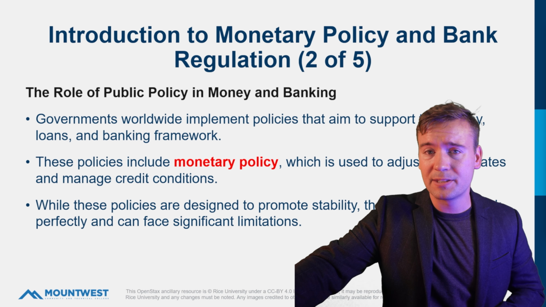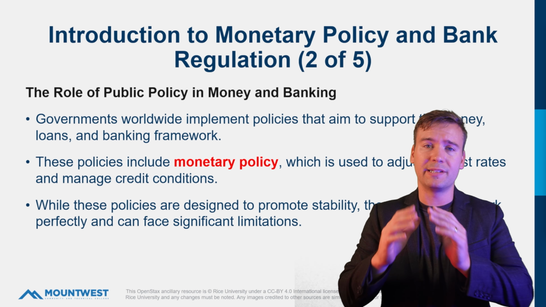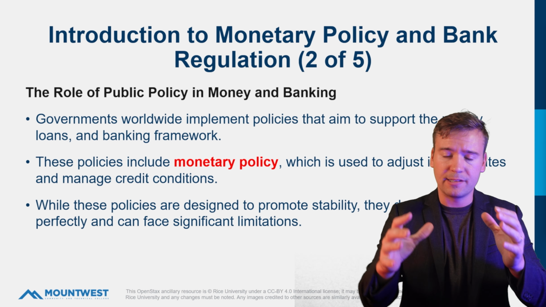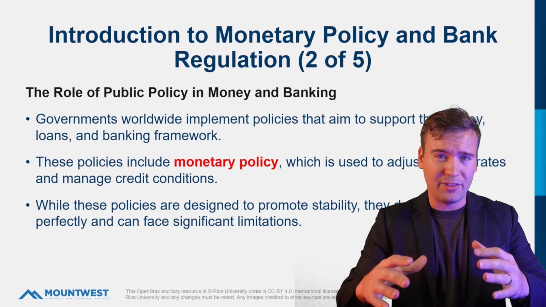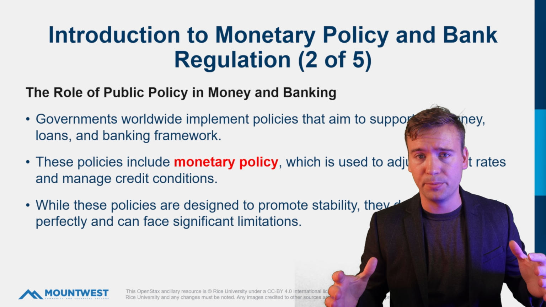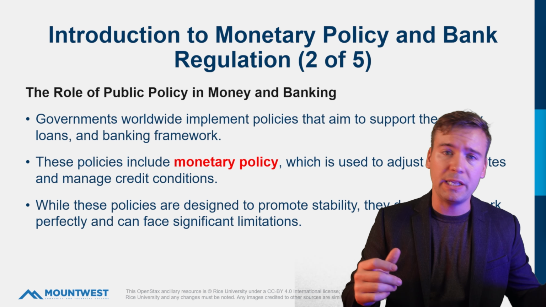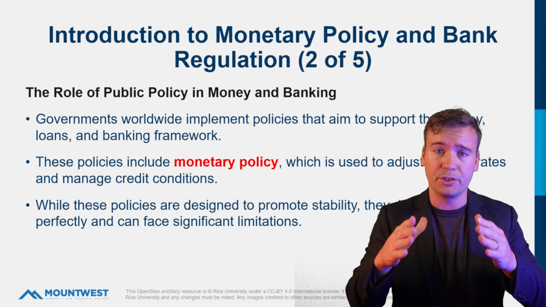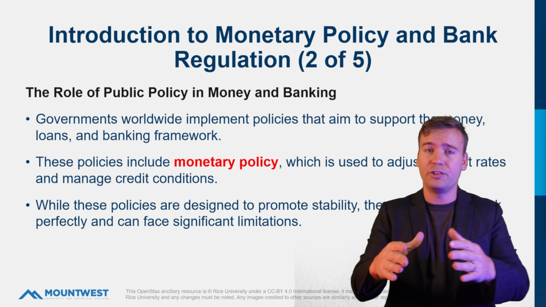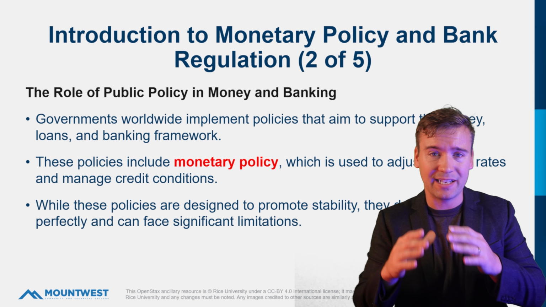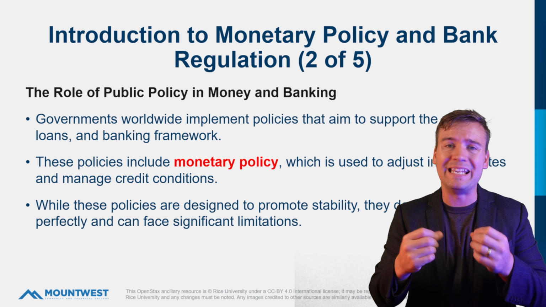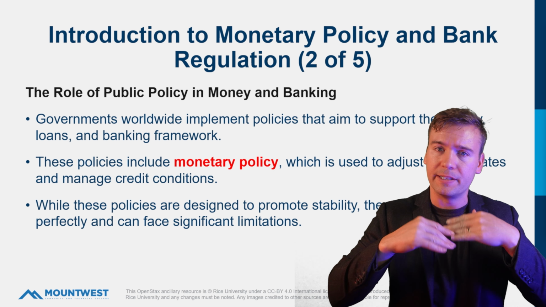The best way I can describe it is to think of the central bank as the captain of a ship, and they're navigating through unpredictable seas. And just as the captain adjusts the sails and the speed and the direction to help stay on course, the central bank adjusts interest rates and credit conditions to help keep the economy moving steadily and smoothly.